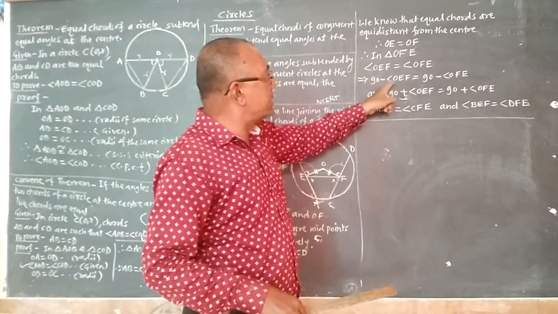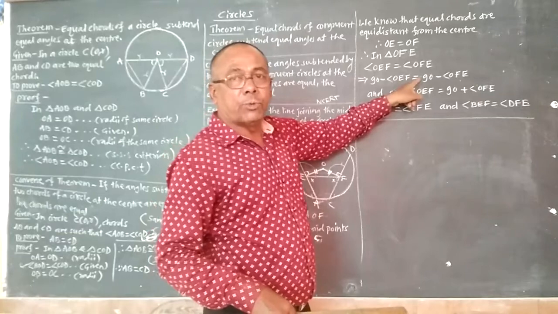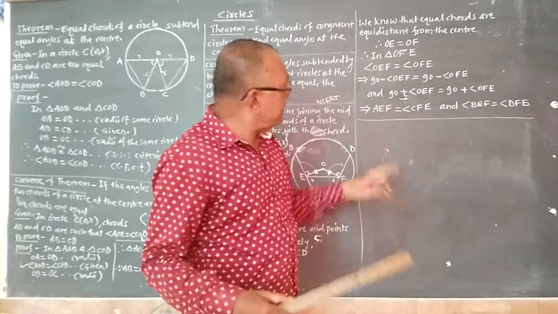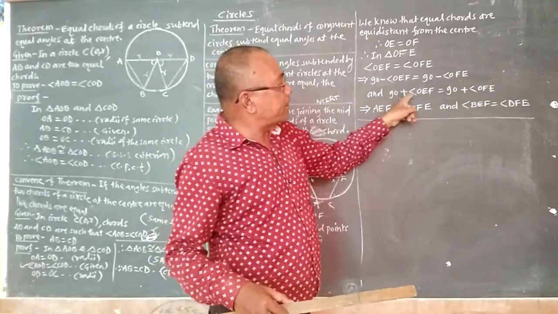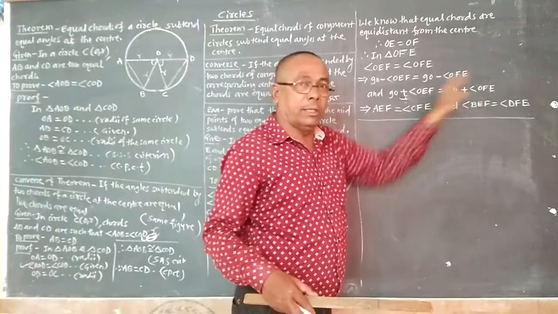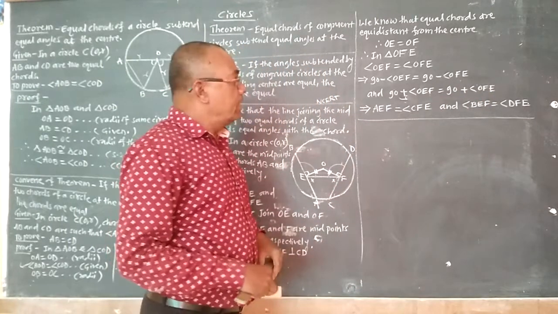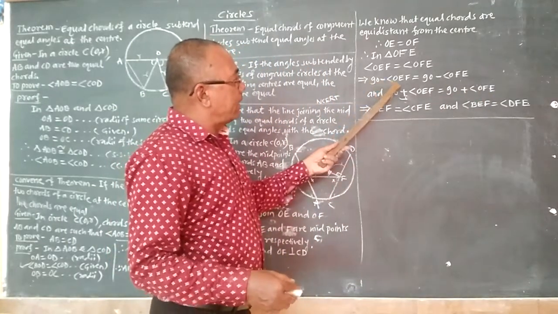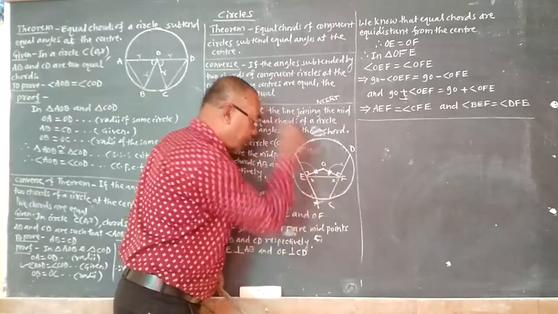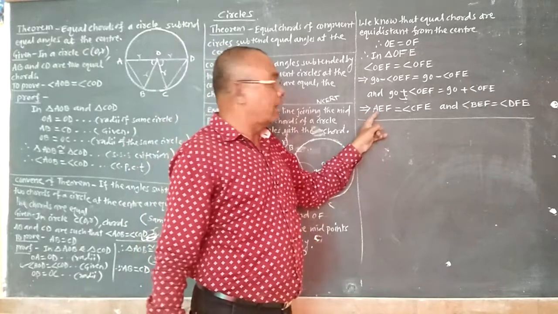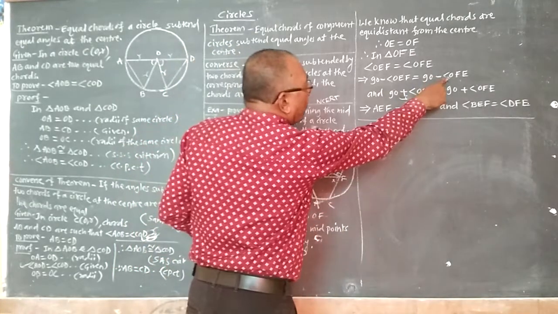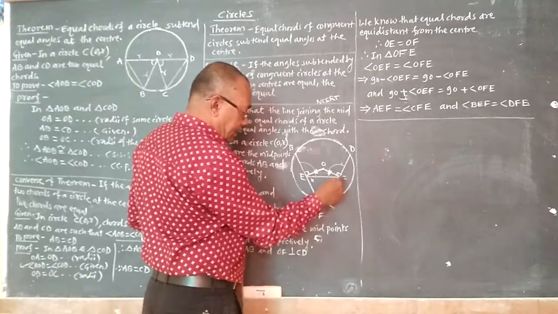So 90 minus angle OEF equals 90 minus angle OFE, and 90 plus angle OEF equals 90 plus angle OFE. If we observe the figure, 90 minus angle OEF is angle AEF, and 90 minus OFE is angle CFE.